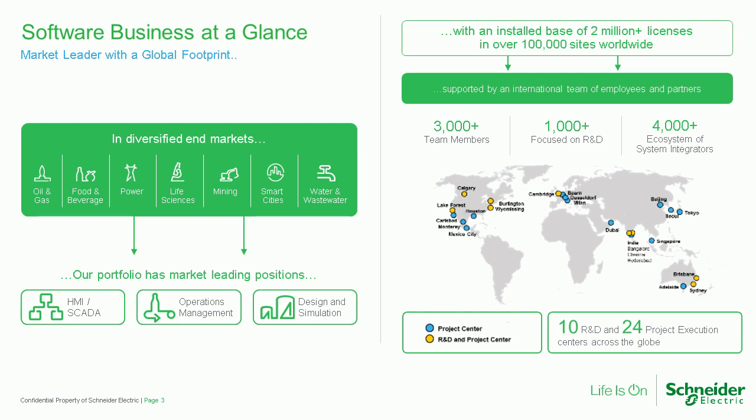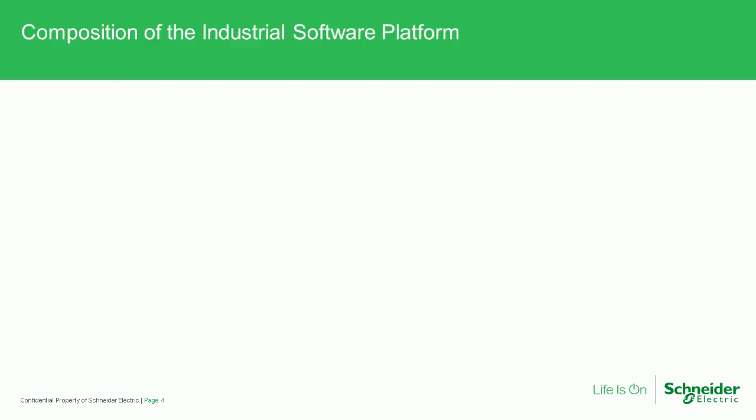Our portfolio condenses down into several key offer areas: HMI SCADA, operations management software, and design and simulation. That's really at the forefront of the digital transformation that's sweeping a lot of manufacturing industries today.